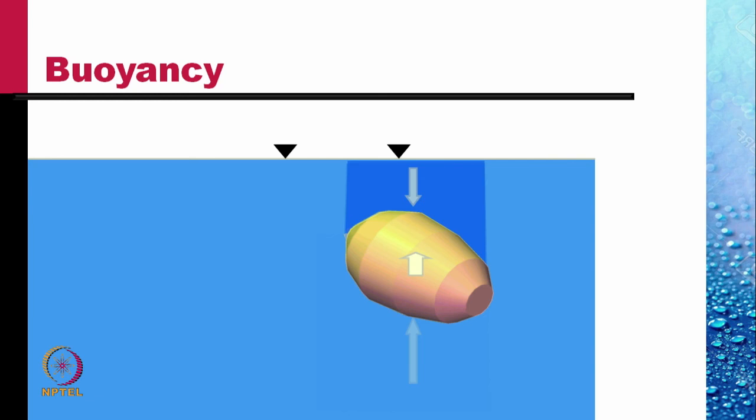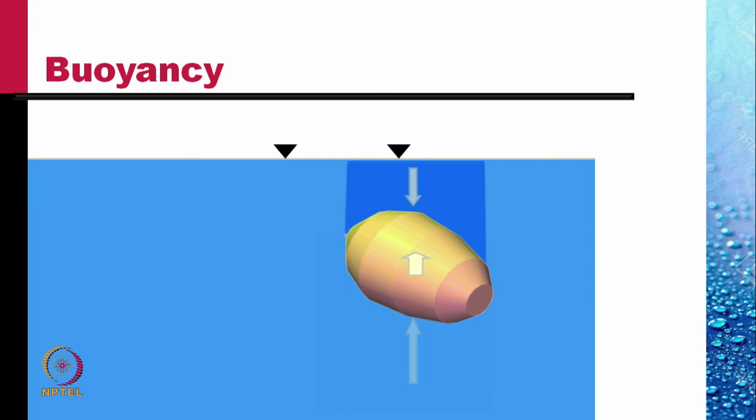So the buoyancy force is equal to the weight of water equal to the volume of the body, or the weight of the water displaced by the body. This is what you studied as Archimedes' principle in high school.